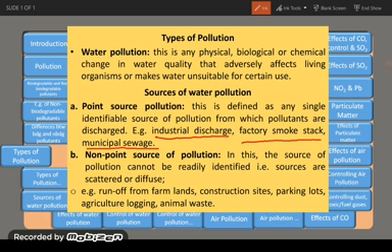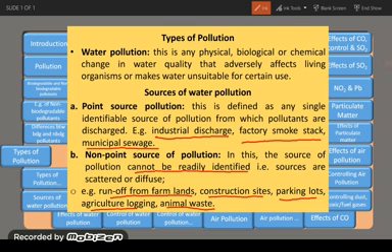While for the second one, non-point source pollution, the source of pollution cannot be readily identified. That is, the sources are scattered or diffuse. We cannot pinpoint that this is the source of these pollutants. An example is runoff from farmlands, construction sites, parking lots, agricultural logging, and animal waste.